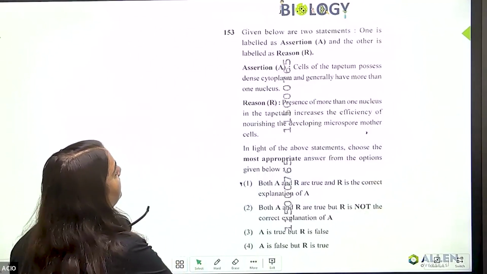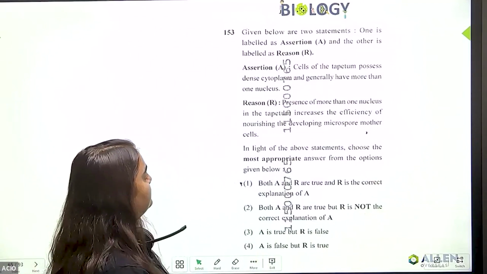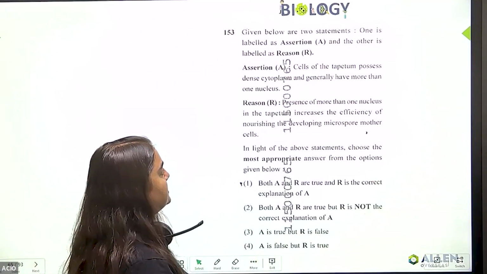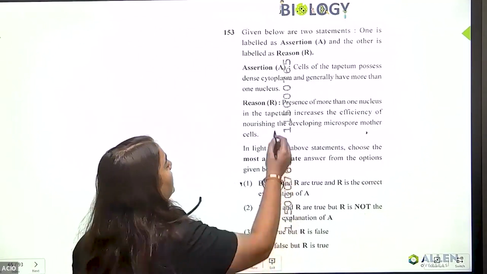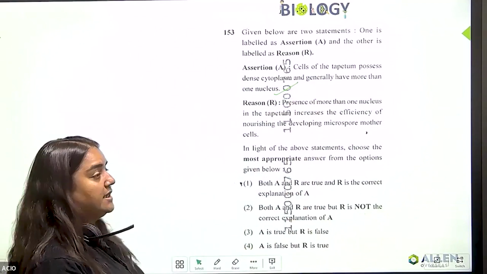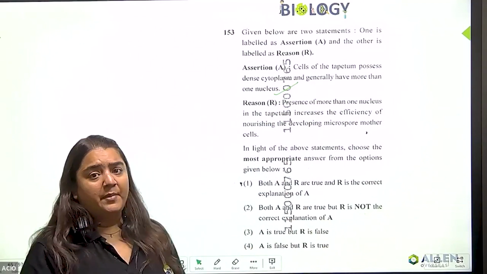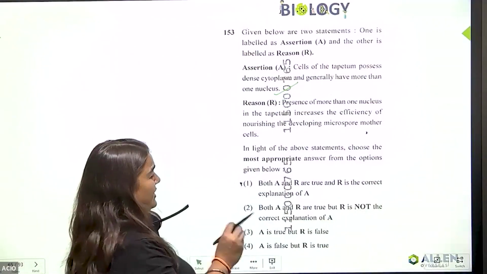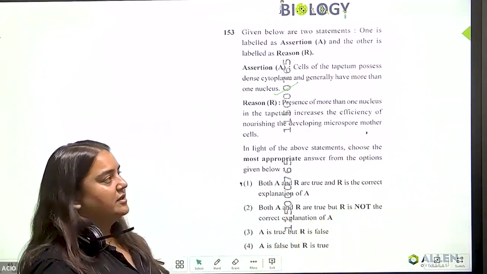152 done. Now we come to 153. Cells of tapetum possess dense cytoplasm and generally have more than one nucleus. The assertion is fine. Now the reason: presence of more than one nucleus in the tapetum increases the efficiency of nourishing the developing microspore mother cell. The reason is wrong, and it's a very debatable question as well.